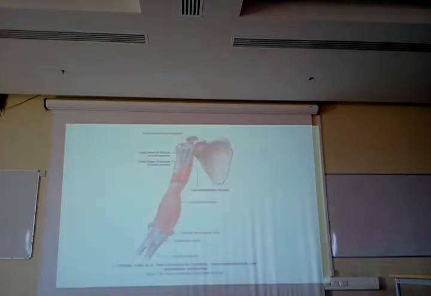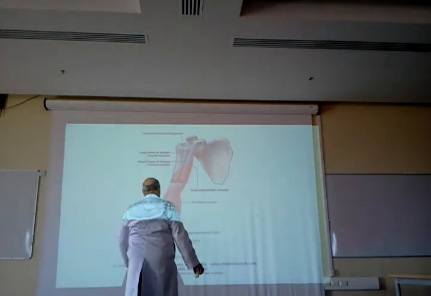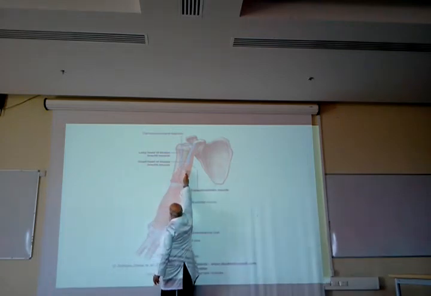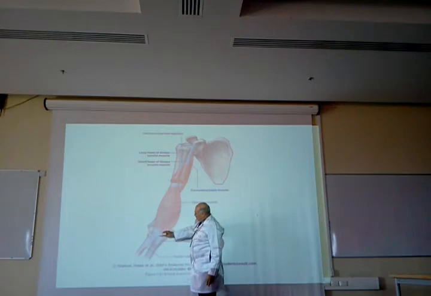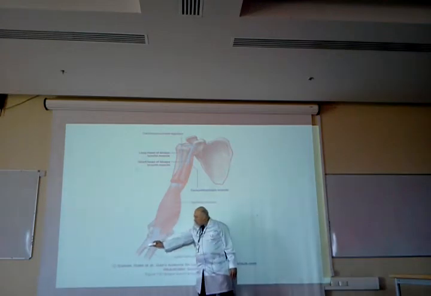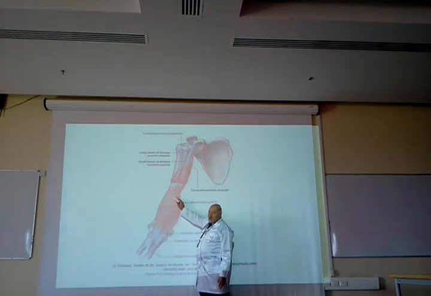Double nerve supply. Okay? After that, you see the biceps having a long head and a short head. This is the tendon of biceps, and behind it the brachialis.